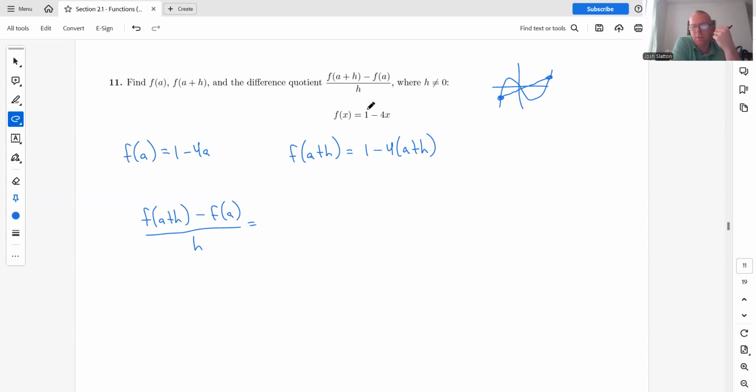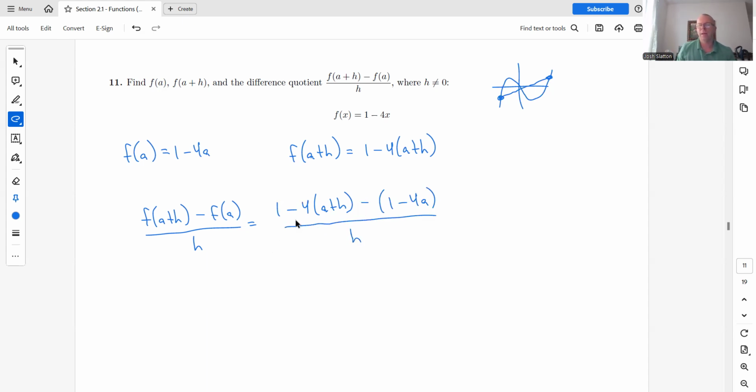And the slope is -4, right? So the slope is -4, the y-intercept is 1. So with that in mind, let's do this. F of a plus h is 1 minus 4 times a plus h, minus f of a, which is 1 minus 4a, all over h.